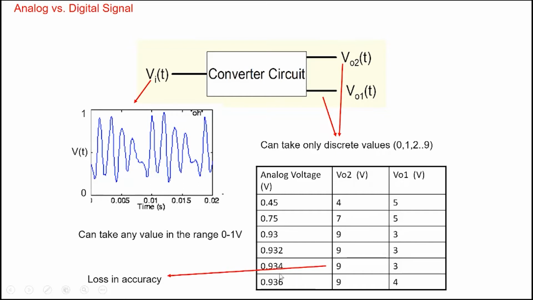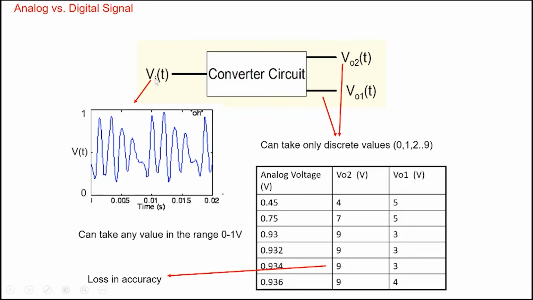So there is a loss of accuracy, as you can see here. 0.932 is also represented as 9 and 3. 0.9434 is also represented as 9 and 3 here. So there is a loss of accuracy. After we convert it, our signal at the output is not able to differentiate between 0.932 and 0.934. And similarly, if it had been 0.931 or 0.933, we would not be able to differentiate. All of them would be represented by these 2 digits, 9 and 3. So there's a loss in accuracy.